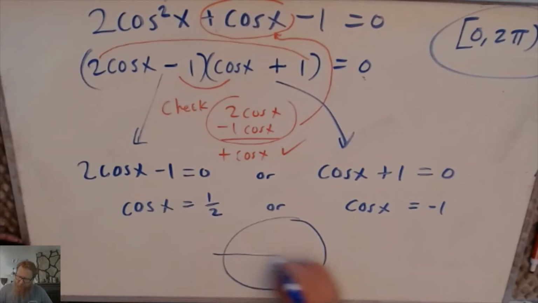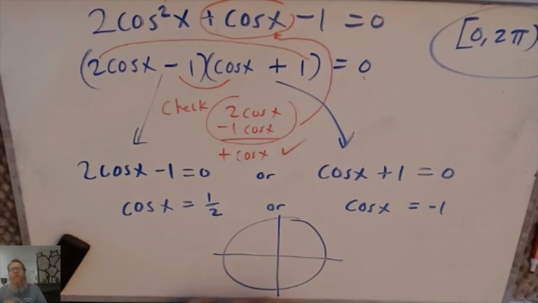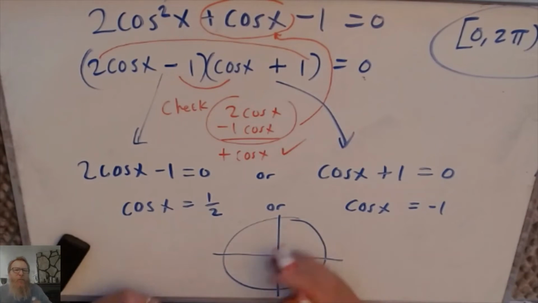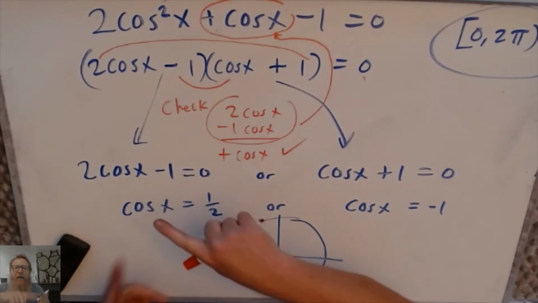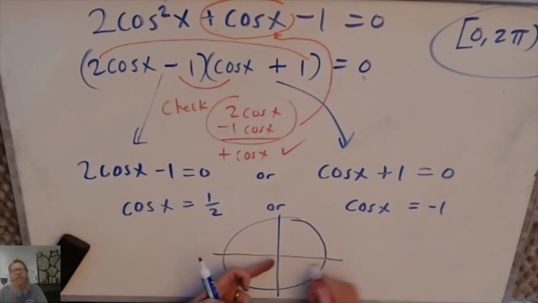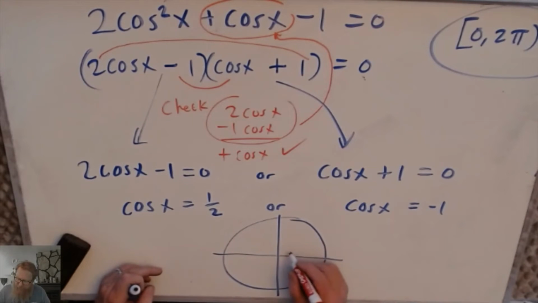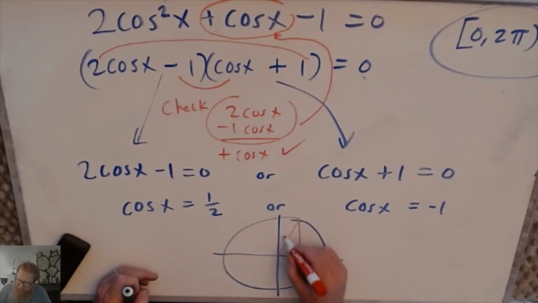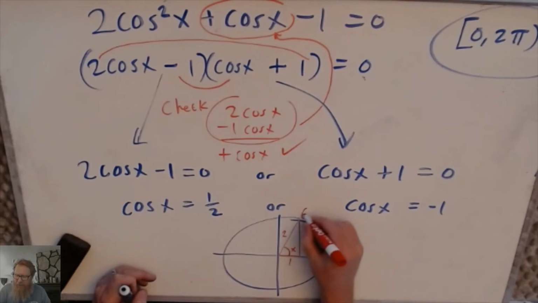So look at your unit circle. What angle? Now, x is now an angle. So if you prefer, you can use theta or alpha or beta. Sometimes that confuses people. When x becomes your angle, then this is no longer the x-axis. So cosine is 1/2 at 60 degrees.